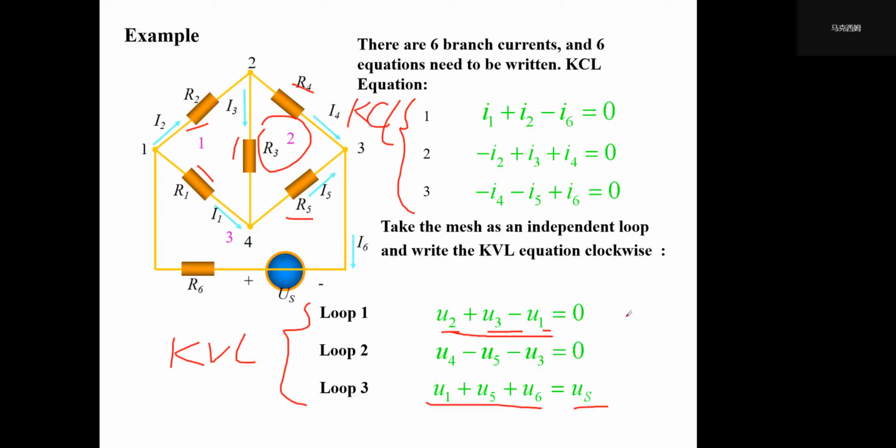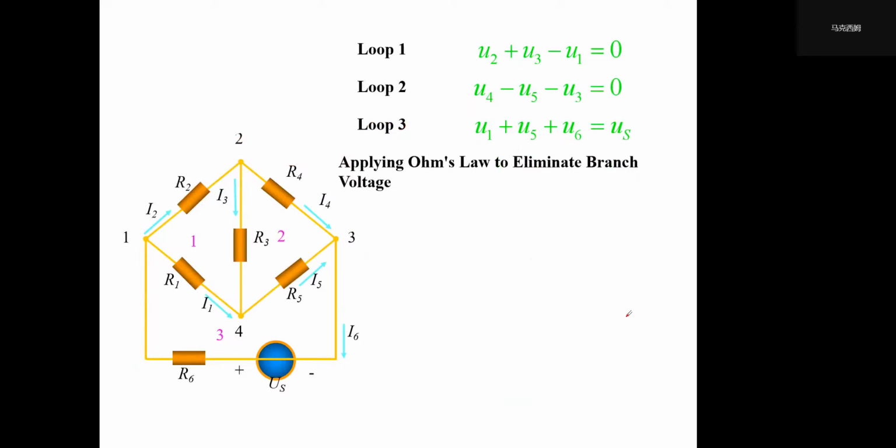And if we take the reference direction, we know what sign to put ahead of each voltage. So applying Ohm's law, we replace the branch voltage using the corresponding branch current.